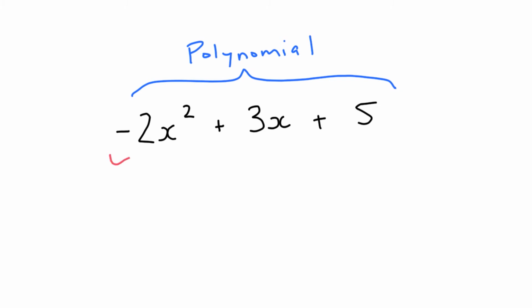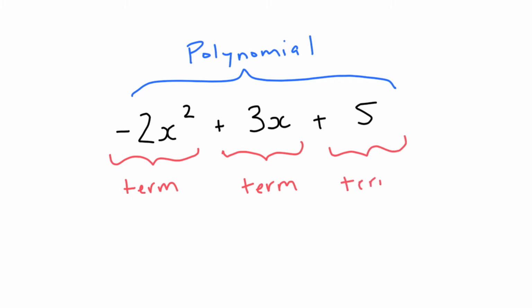There's one group over here, so this is a term. Then there's the 3x in the middle, another term. And then we have this at the very end, another term. Notice how the addition signs are breaking it up. So we have one group, another group, and a third group.